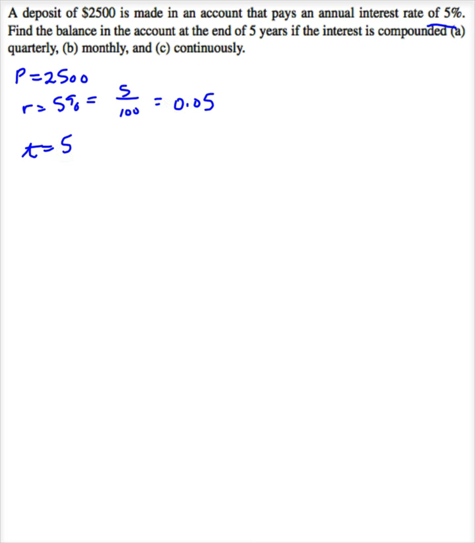Now, let's look at this. Quarterly means that the N is equal to 4.